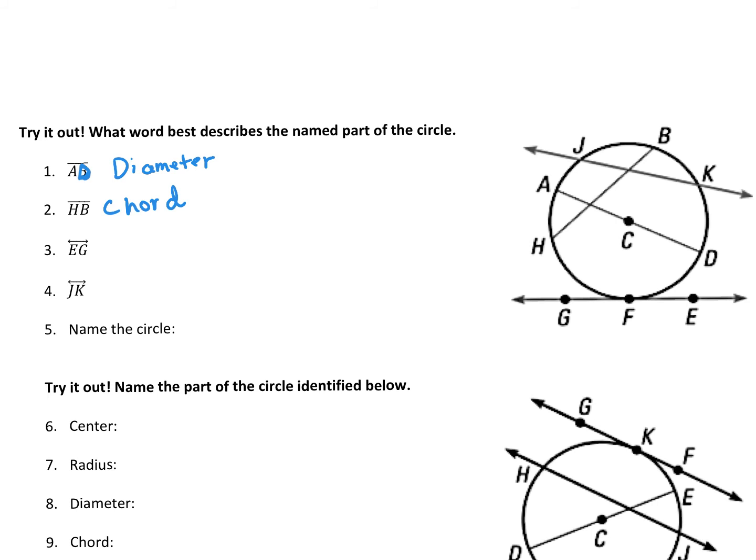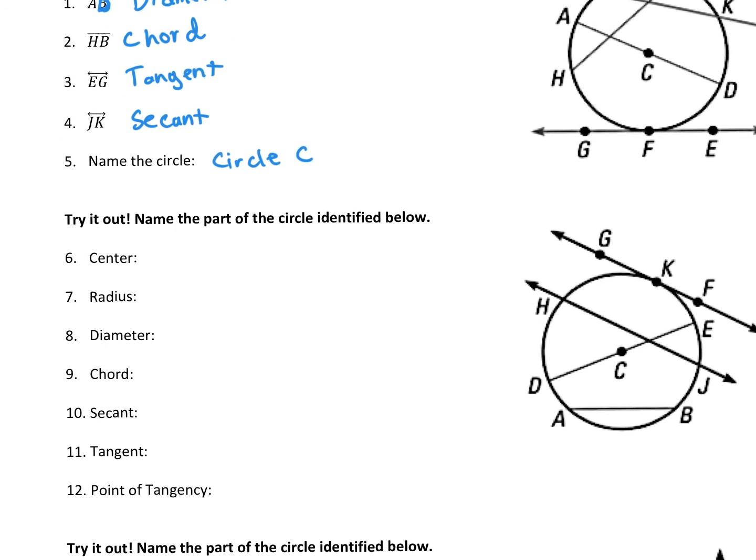It doesn't go through the middle, but it hits the ends of the circle. EG is on the bottom, and it hits the circle at one point, so it is a tangent. JK is a line that cuts through it, so it is a secant. And we want to name the circle. The center is C, so this is circle C.